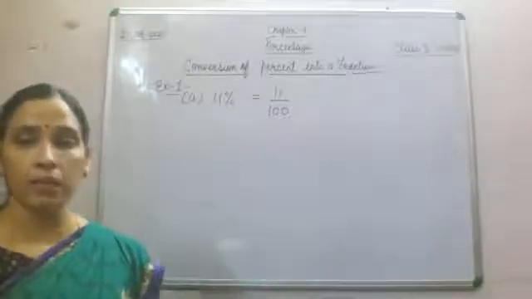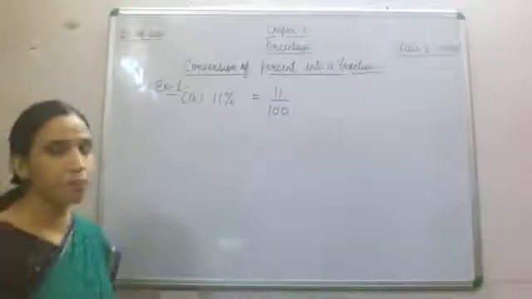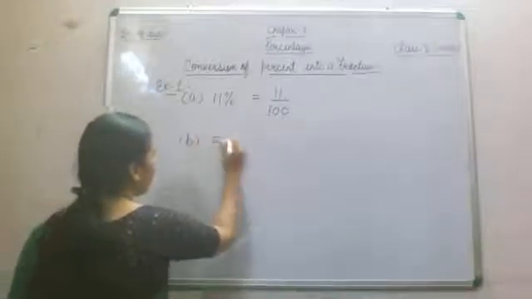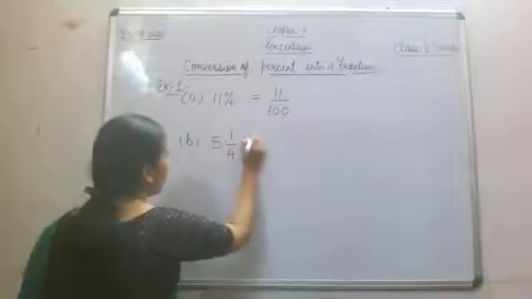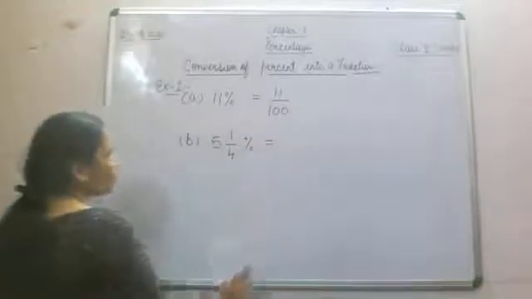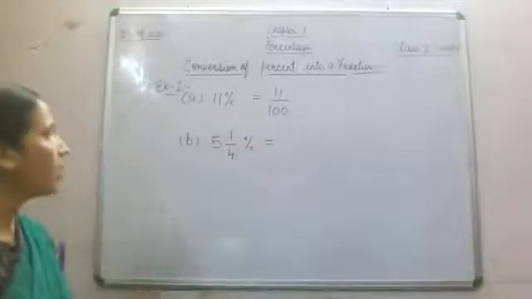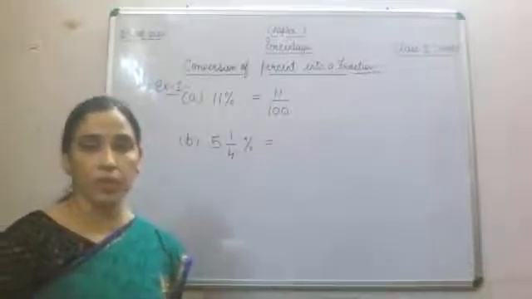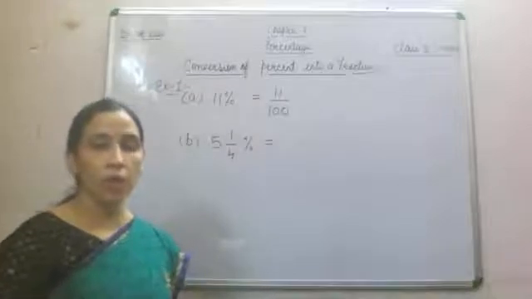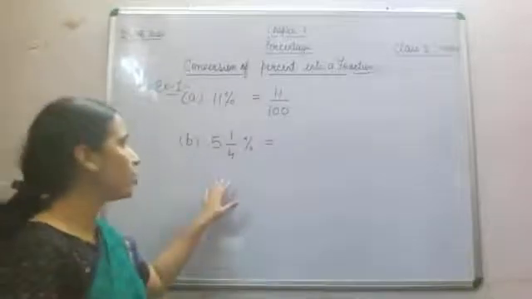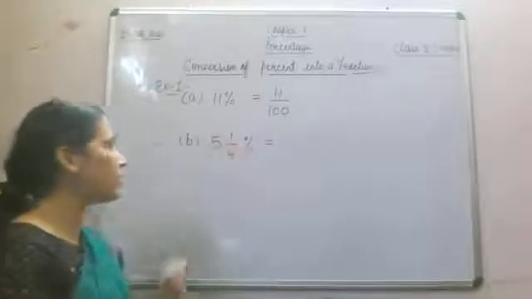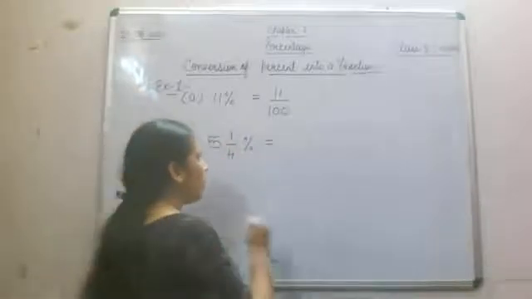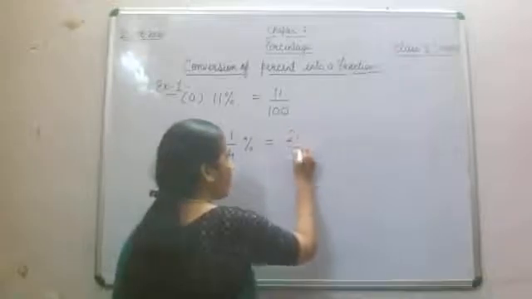Let's see one more example. Now B part, 5 1 by 4%. Here, if you are not given 100 in the denominator, for example in this percentage problem, 4 5s are 20 plus 1, 21 by 4.